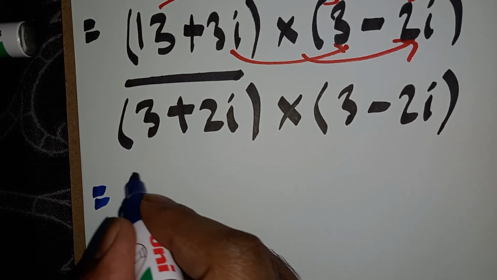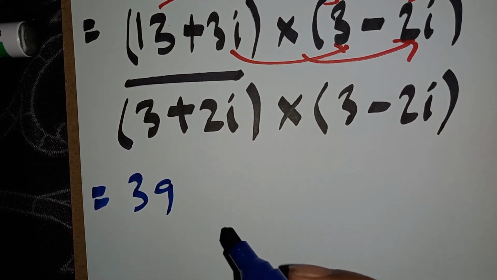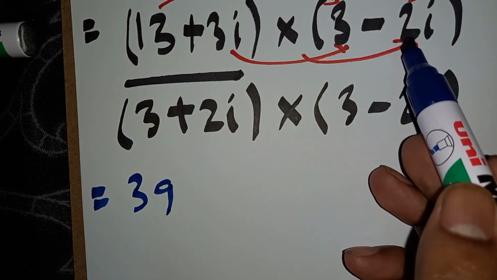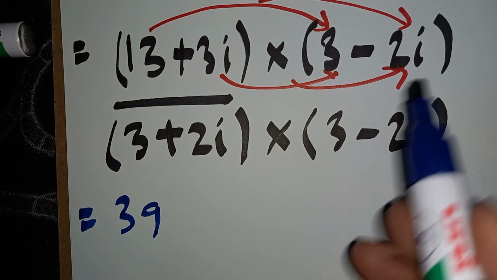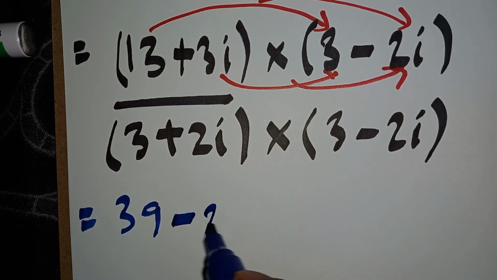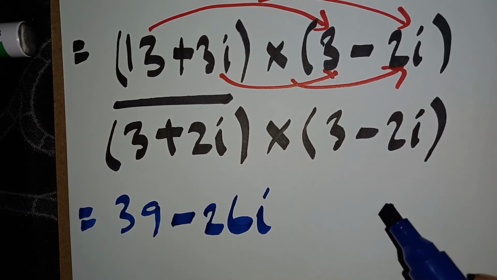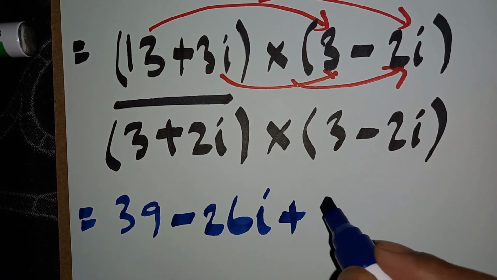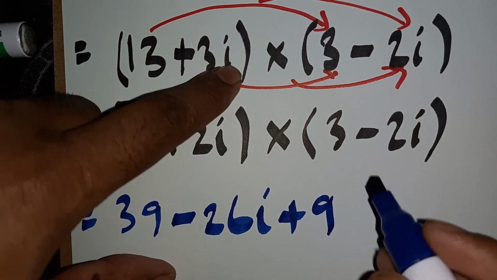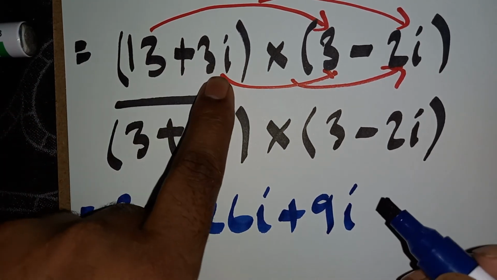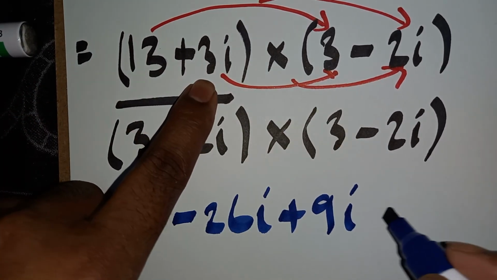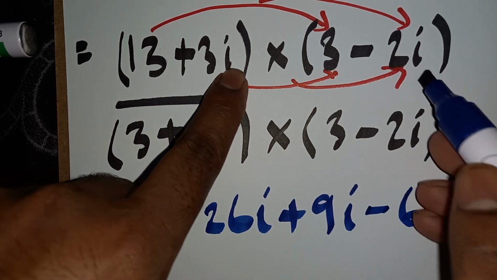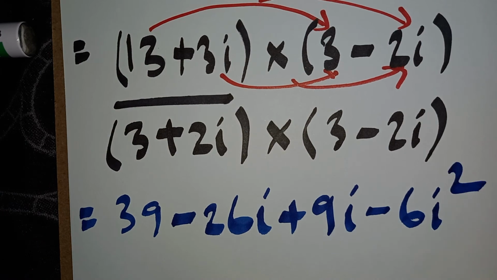Then 13 times minus 2i, you'll get minus 26i, and then 3 times 3 will be plus 9, and then with the i, 3 times negative 2 will be minus 6, and then i times i will give me i squared.